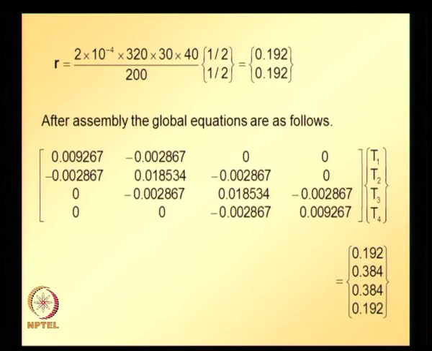So, with that understanding, after assembling the global equations looks like this, and now imposing the essential boundary condition, that is T1 is equal to 330 degrees centigrade and T4 is equal to 30 degrees centigrade, which are given.